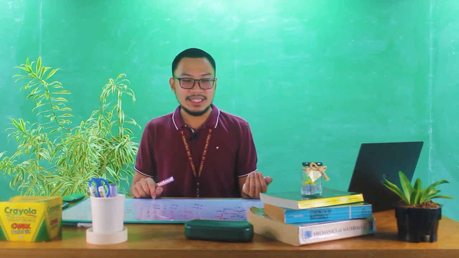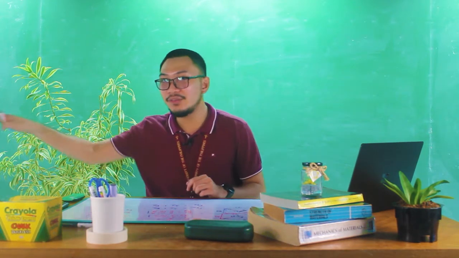And take note, kung going to the left na gani ang atong force, ang iyang x component is negative. If going right ang atong force, ang iyang x component is positive. If going up ang atong force, ang atong y component is positive. If going down ang atong force, ang iyang y component is negative.